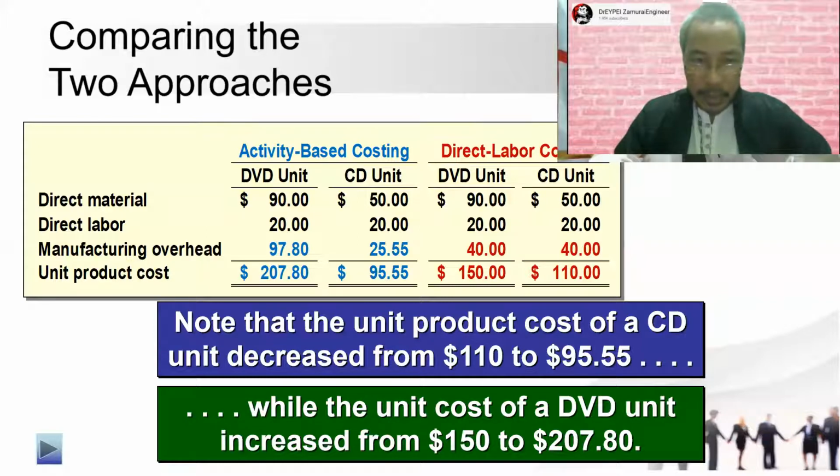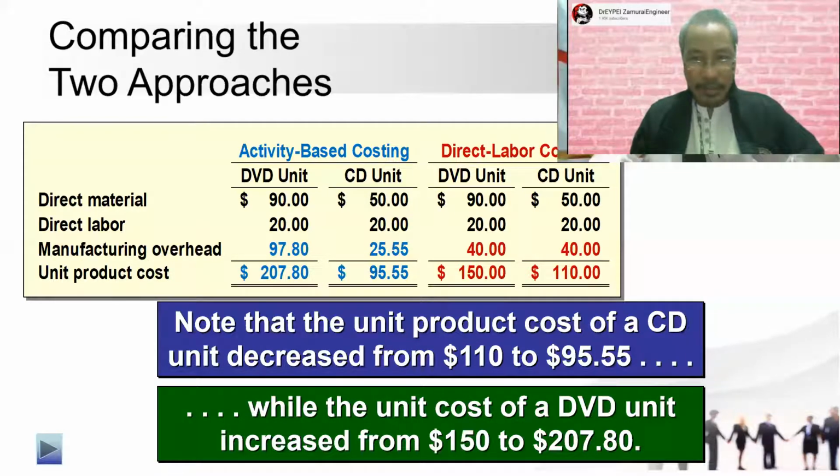Activity-based costing, DVD, CD. For DVD, $97.8, compared to direct labor, which is 40. For CD unit, $25.55, but for direct labor, also 40. You can see the comparison.